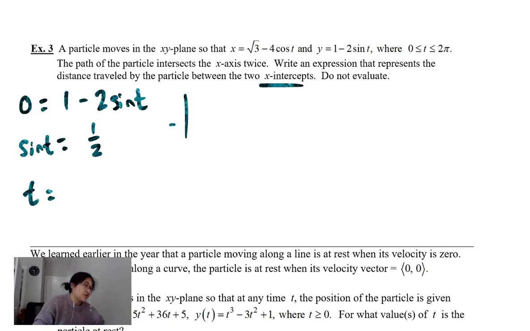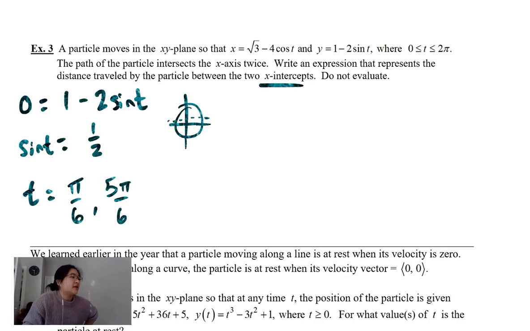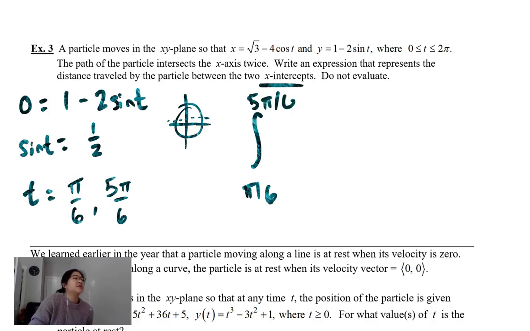If you don't remember, then think about it. When is the y value 1/2? That's going to be at pi over 6 and 5 pi over 6. Right there. And so those are our bounds. So we're going from pi over 6 to 5 pi over 6.